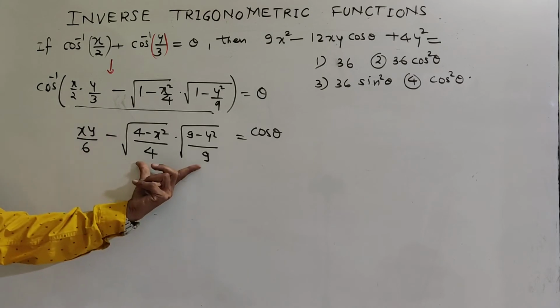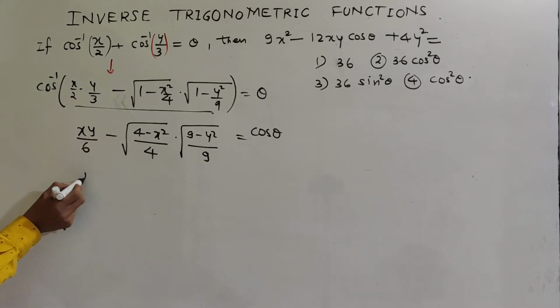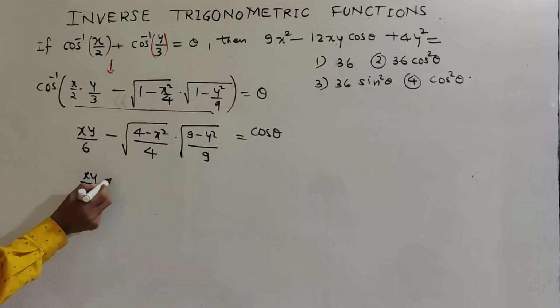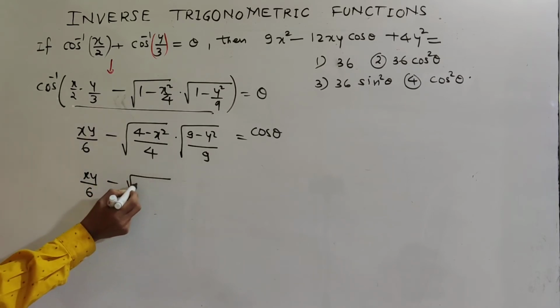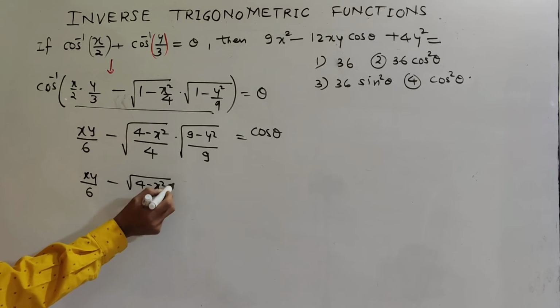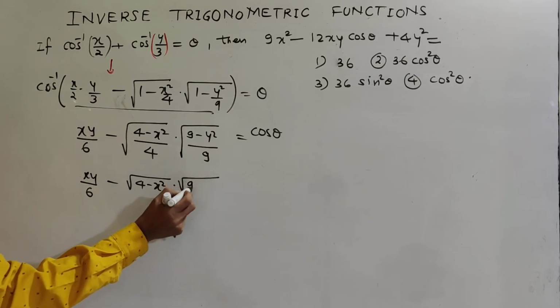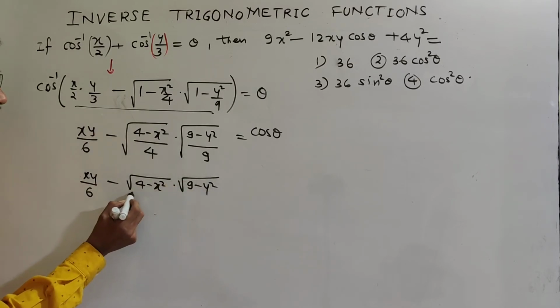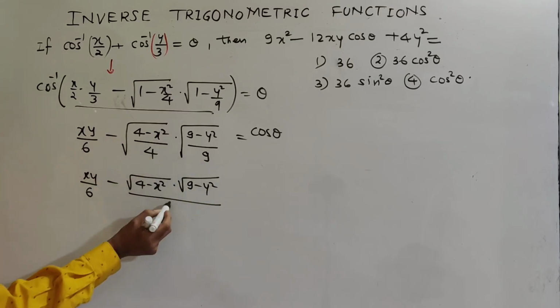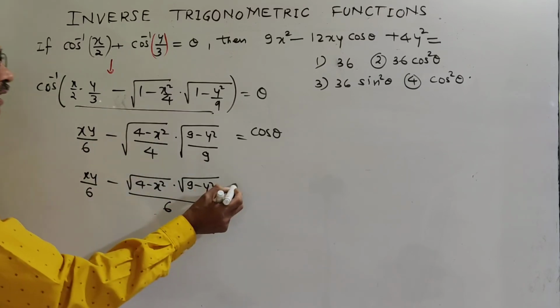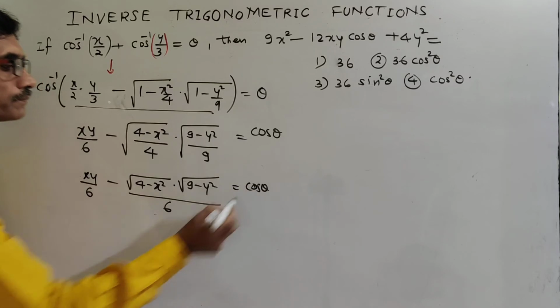Now this is 36, and the square root of 36 means 6. We write it as xy upon 6 minus root of 4 minus x square into root of 9 minus y square, upon square root of 36, which we write as 6, and which is equal to cos of theta.